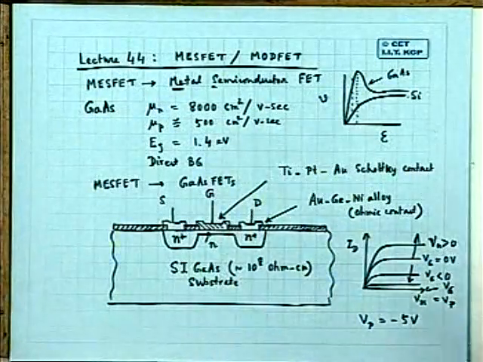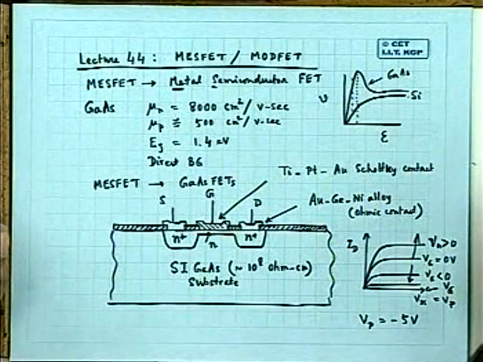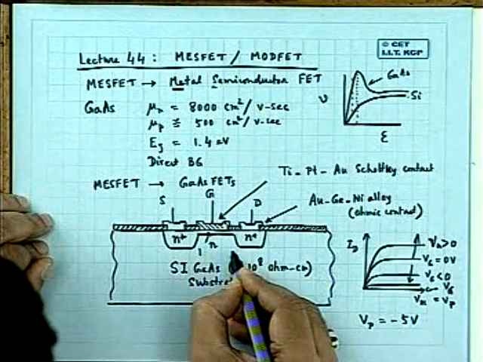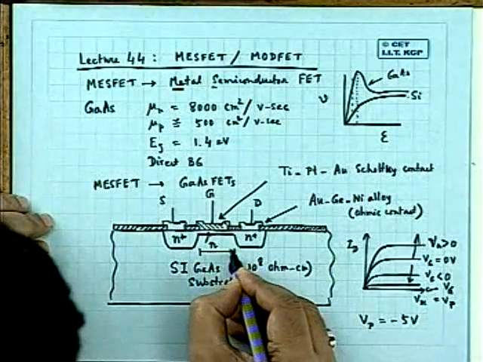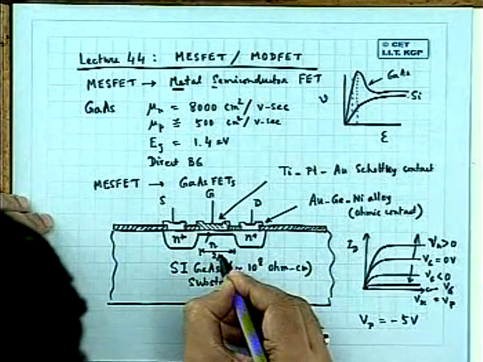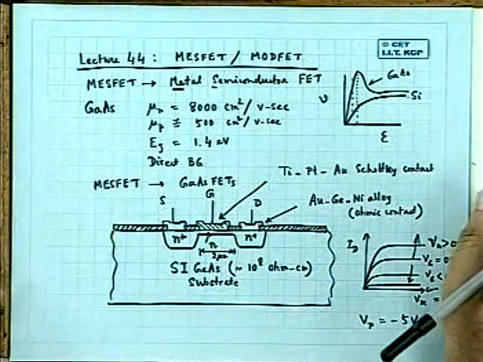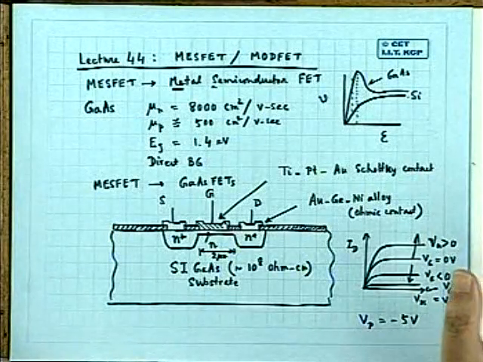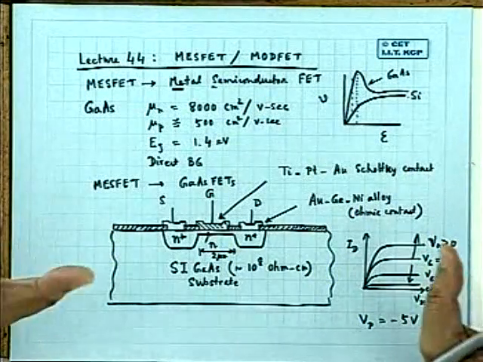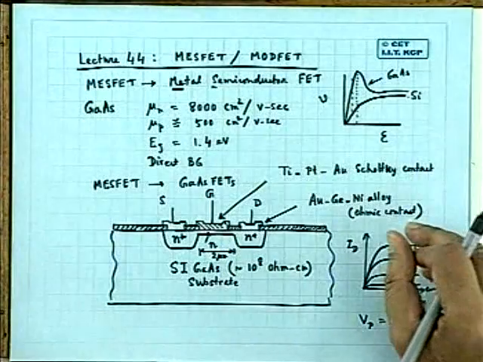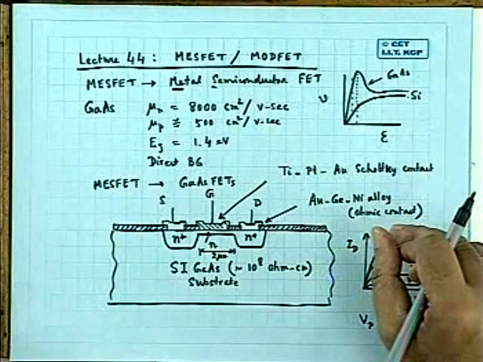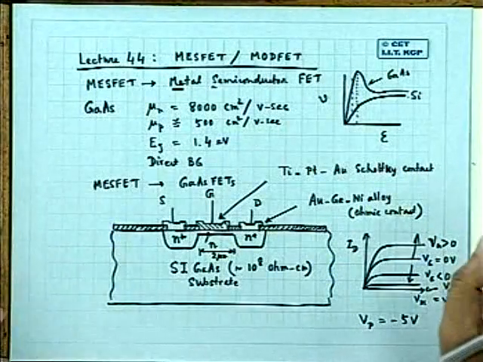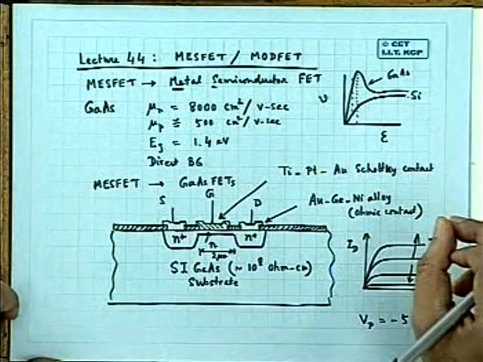The advantage of this structure as compared to a MOSFET is, suppose this channel length is 1 micron or 2 micron. 2 micron technology is a rather simple technology to put in place. Even our laboratory, with certain modifications, can go for 2 micron technology. It's very simple compared to the deep submicron or submicron technology of CMOS.